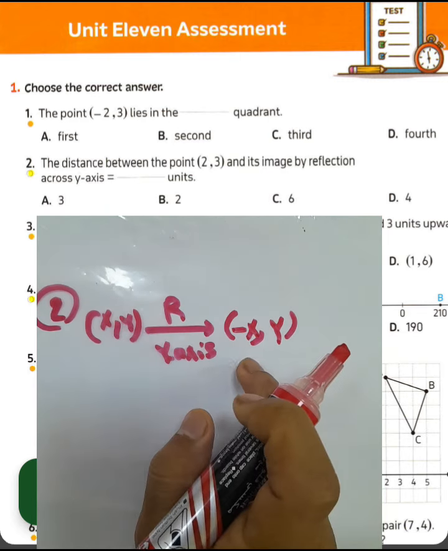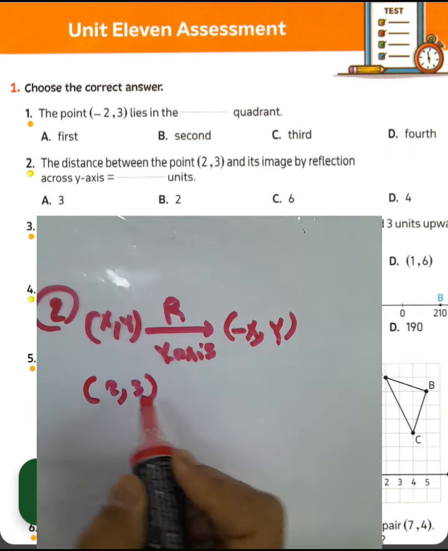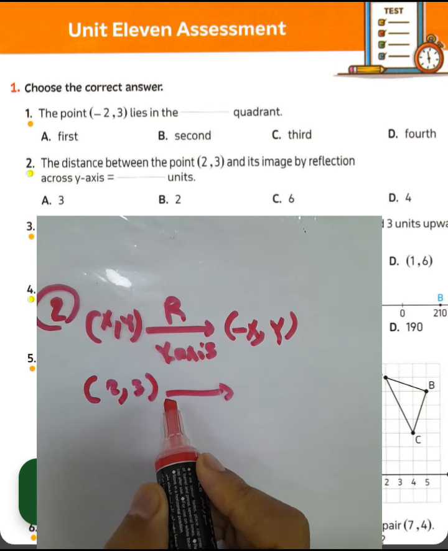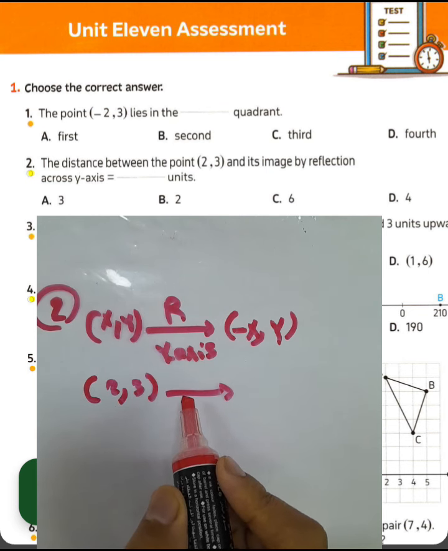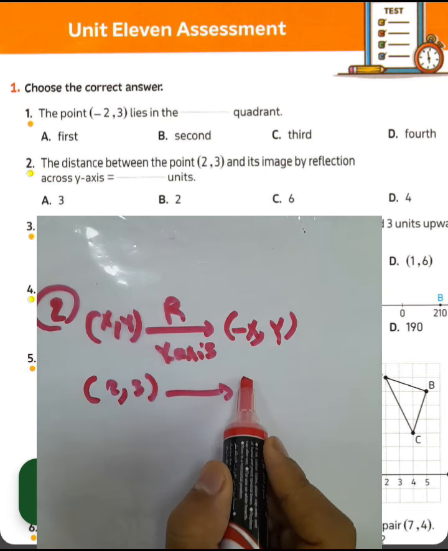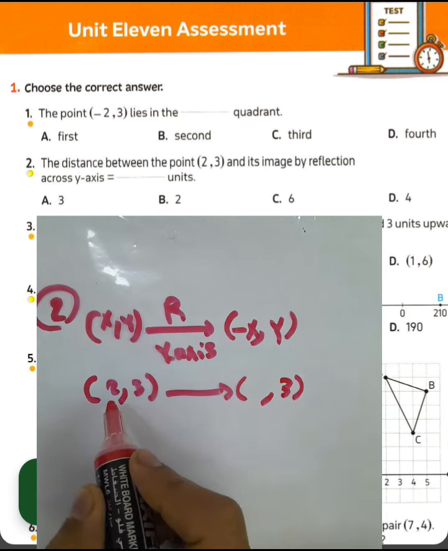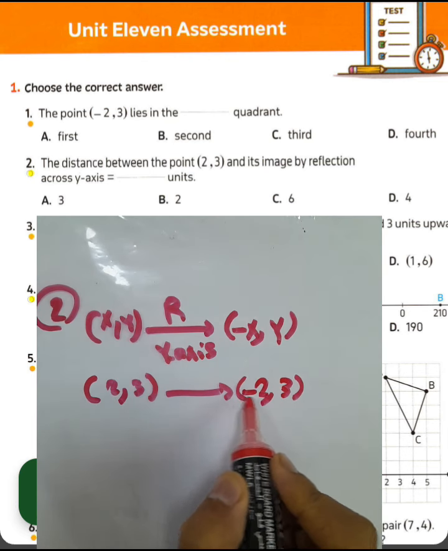Then the image will be (-x, y). So the image of the point (2, 3) by reflection across the y-axis is (-2, 3).